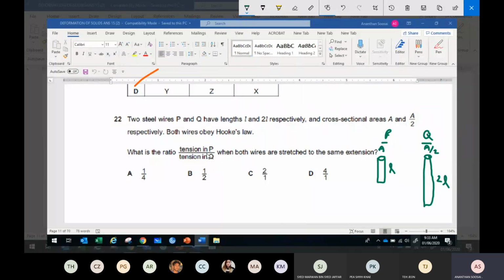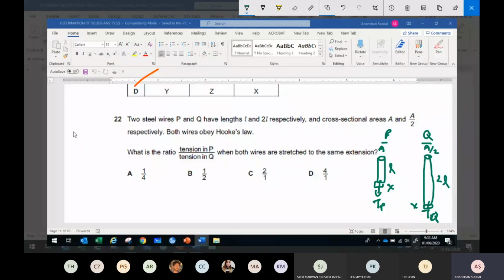Then they're asking, what is the tension in P and the tension in Q? The extension is the same, both have the same extension. We take it as X, both X. As usual, the Young modulus is the same.